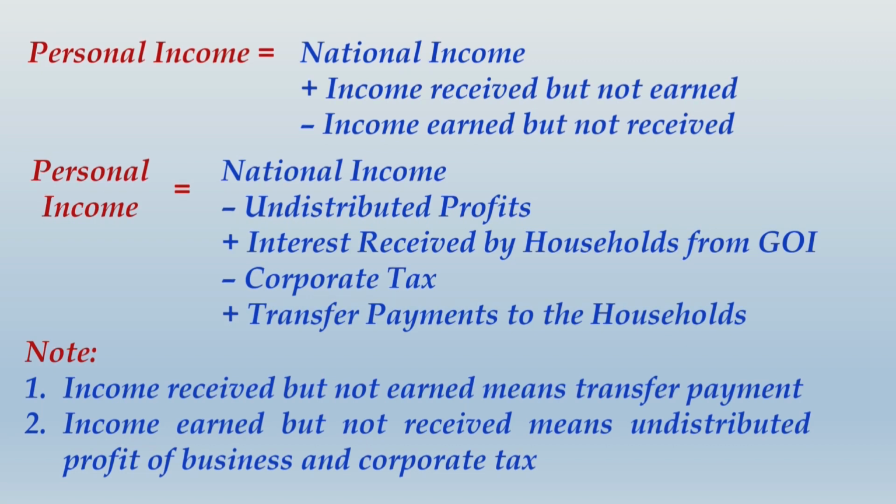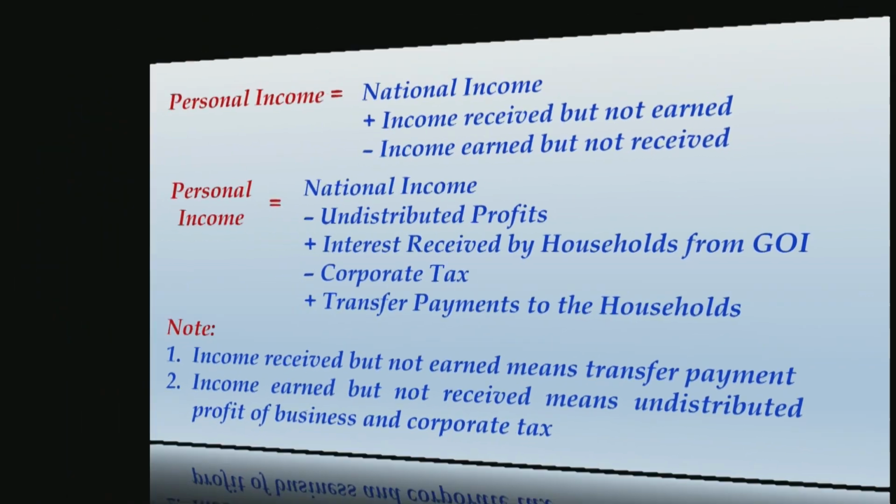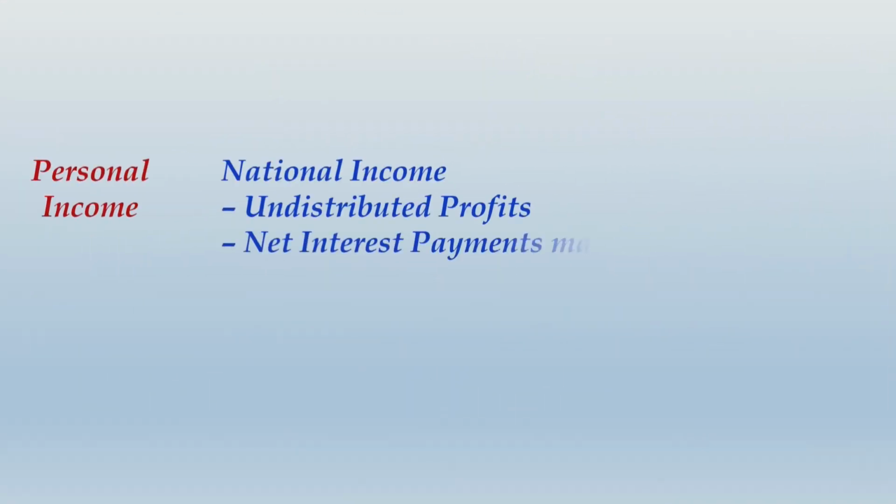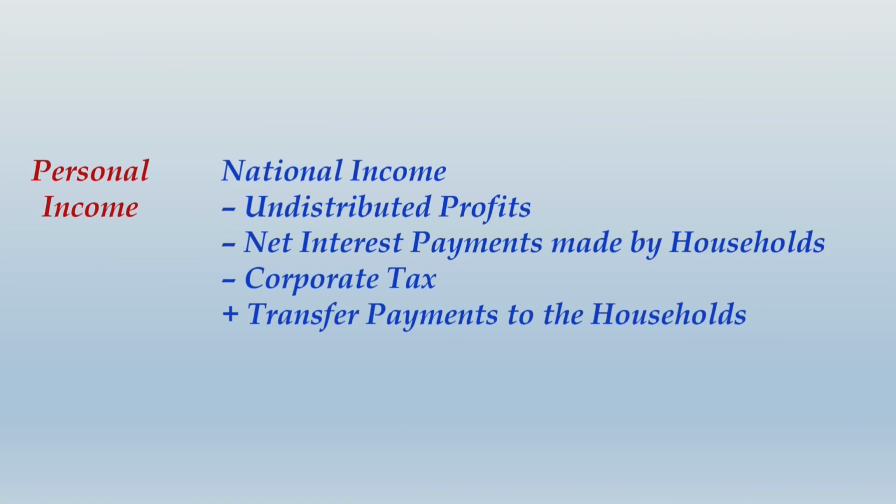Alright friends, I am sure you have finished writing this whole thing. Now one small point that I want to bring to your notice, focus on this definition. If there is any interest received by a household from Government of India, you are adding it. Inversely, if the net amount of interest is paid by the household, you are going to subtract it. Okay, so here is the other version of that definition on screen: the net interest payment made by households.